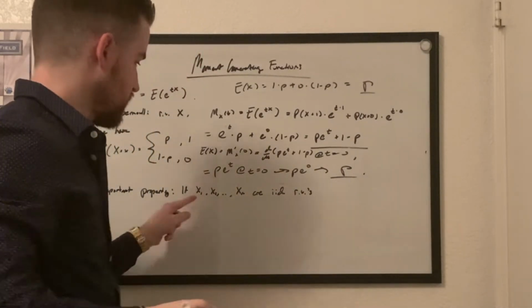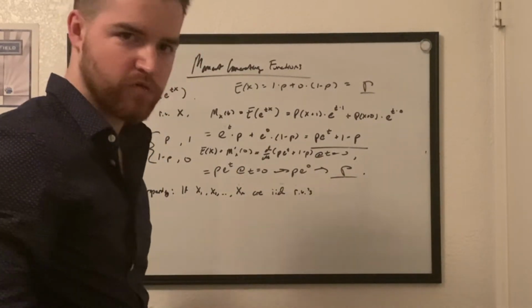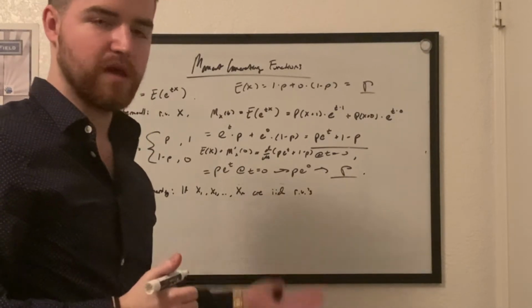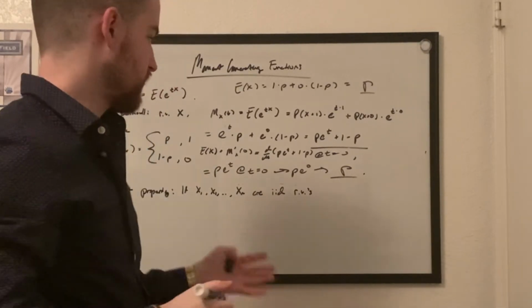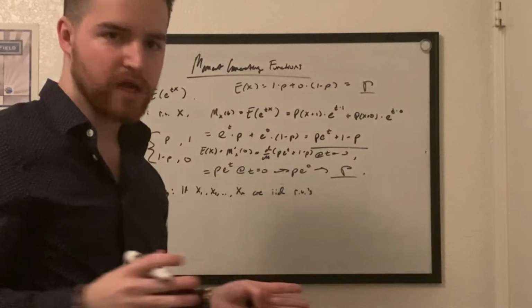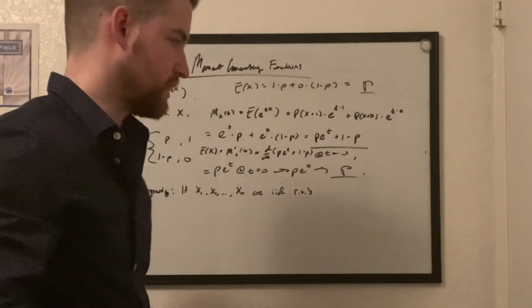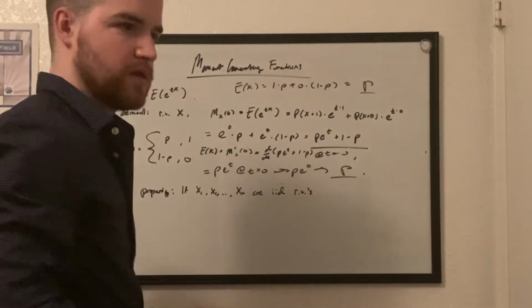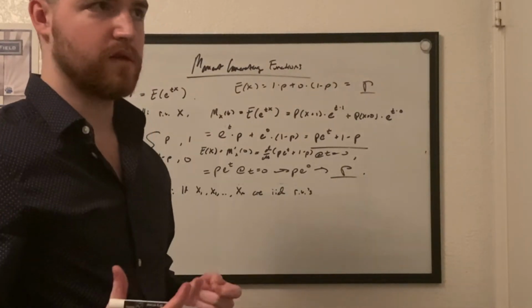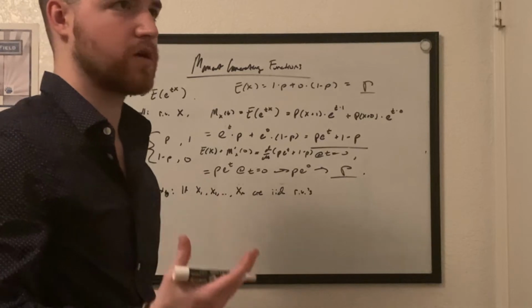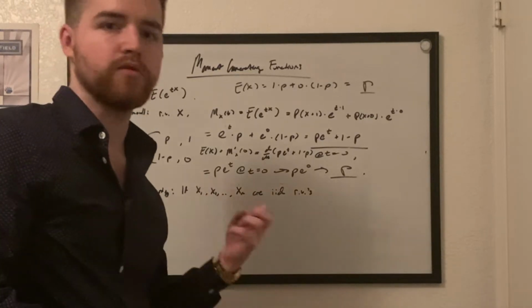So this means X1 is a random variable, X2 is a random variable, all the way to Xn is a random variable, and they are independent from one another, which we have talked about in our early probability days, meaning that given one occurs, it does not affect the probability of the other occurring.